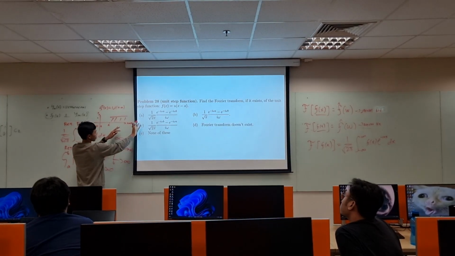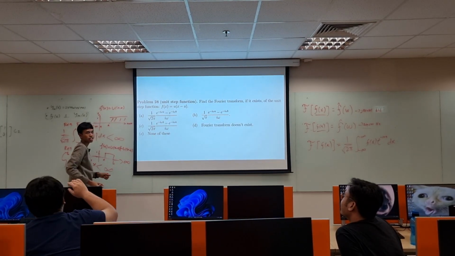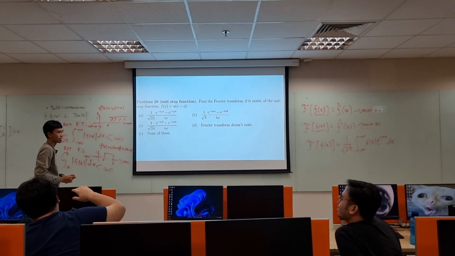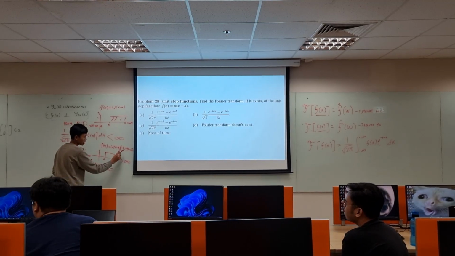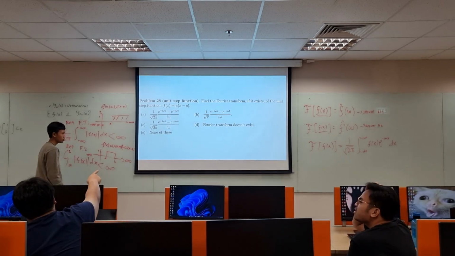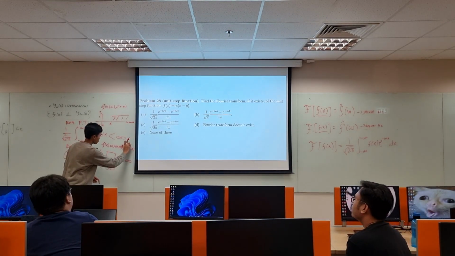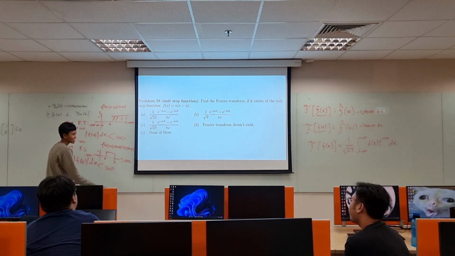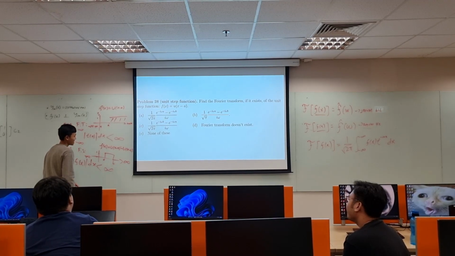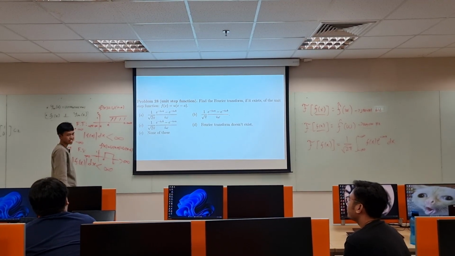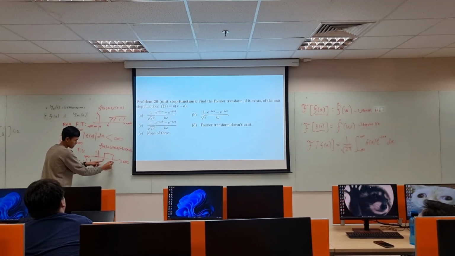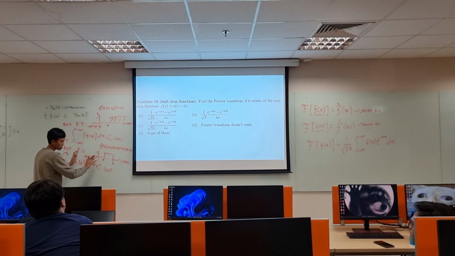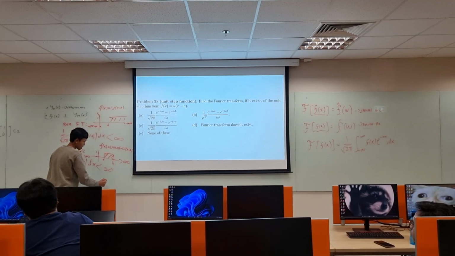The area under the curve will continue until infinity. But if we have u(x minus a) minus u(x minus b), it will stop at b. If we integrate it from minus infinity to infinity, the area under the curve is only this much, finite.